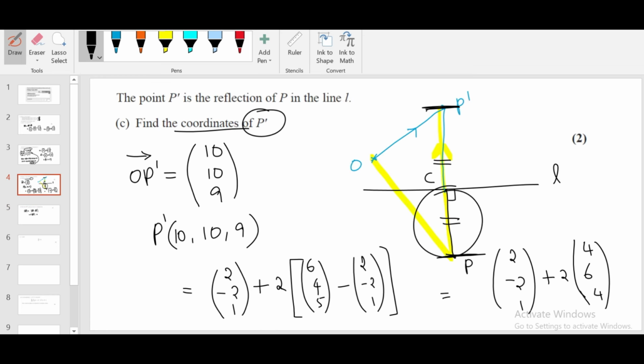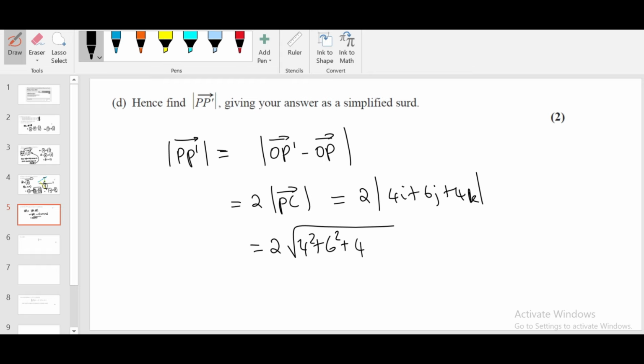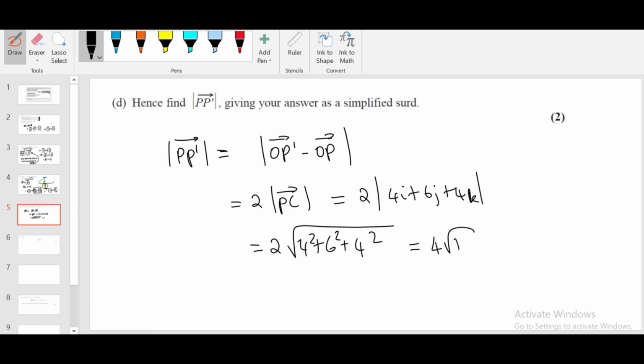So we have a PC vector here, which is (4, 6, 4). So 2 times the modulus of (4, 6, 4). When you find the modulus, it's going to be 4 squared plus 6 squared plus 4 squared. 2 square root of 4 squared plus 6 squared plus 4 squared is 4 root 70. That's all. That's the answer.